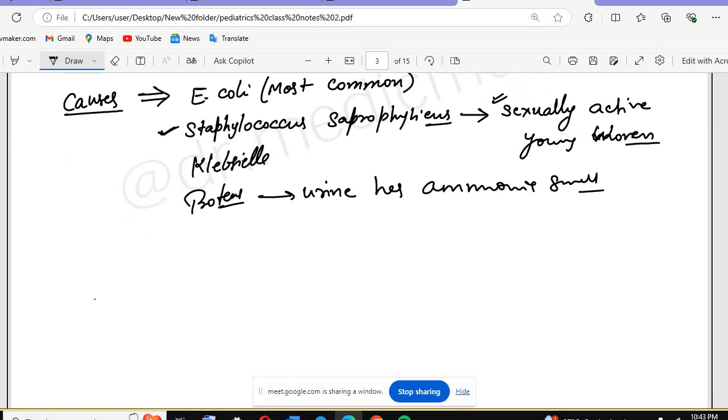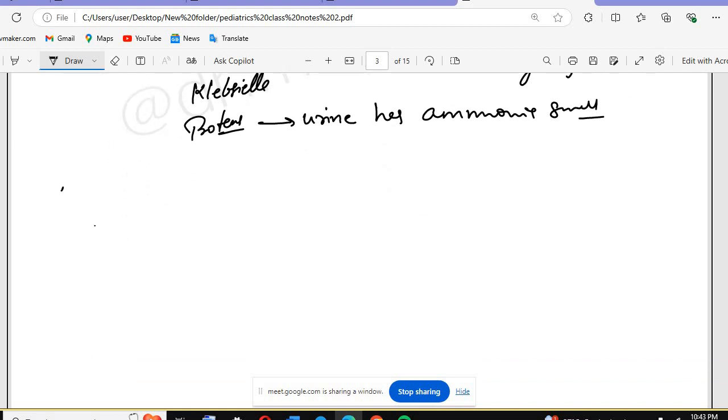If you talk about the lab investigations or the lab report, there is a high chance the leukocytes would be high because there is bacteria. If any bacterial infection is there, the leukocyte esterase enzyme would be increased.